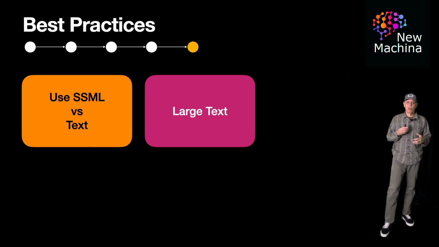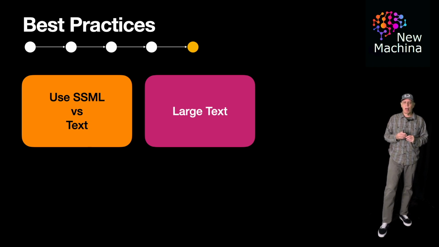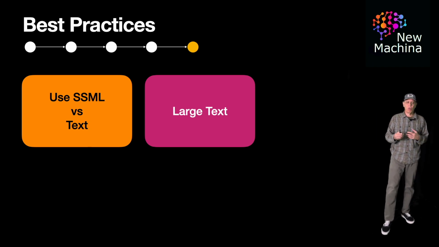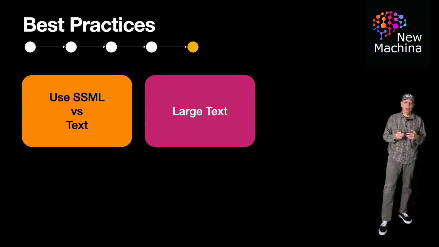You're going to have to use the asynchronous speech synthesis APIs that are available. And so just know that when you get into larger text blocks, you're going to have to call that Amazon Polly service a little bit differently. But you can do that.